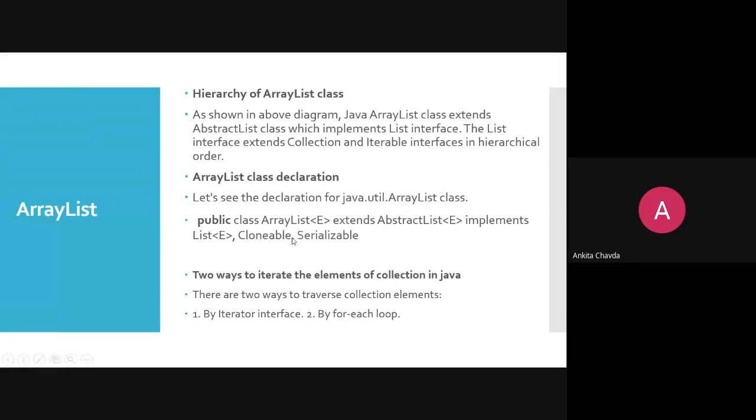Okay. So here, public class ArrayList extends abstract list, implements list, clonable, serializable. Here clonable and serializable are two interfaces. They are not actually included in the GTU syllabus, so right now we are not discussing them. If you still wish to know, you can search about clonable and serializable.